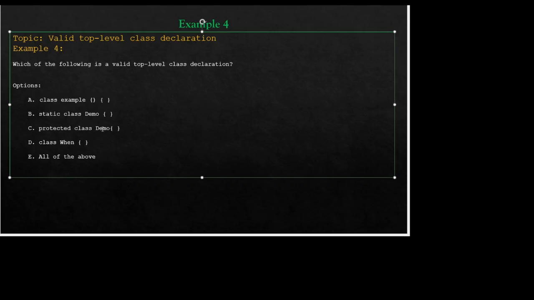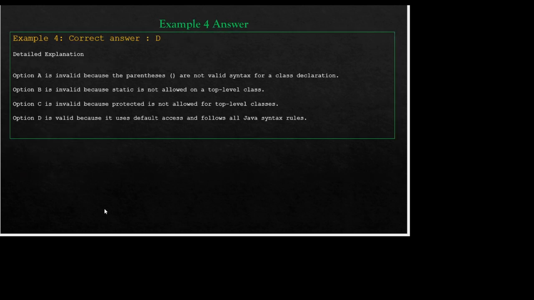Why? Coming to that. A top level class in Java can only use the modifier public or default, no other modifier. A top level class cannot be declared protected or private because these access levels apply only to inner classes. And the keyword static is also not allowed on a top level class because static applies only to nested inner classes.